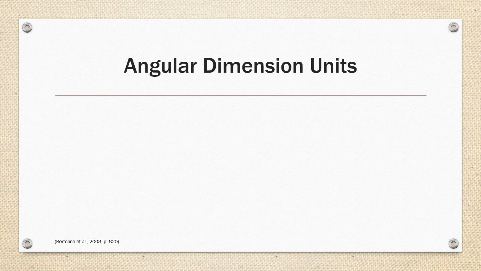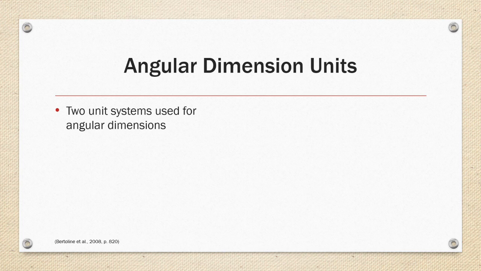Angular dimension units. There are two unit systems used for angular dimensions. The first is decimal degrees, abbreviated as DD, and appears as displayed on the right.